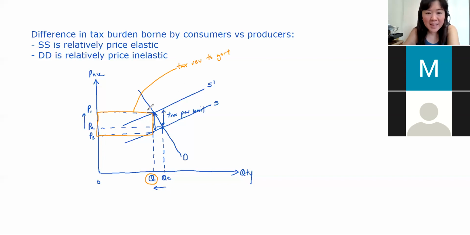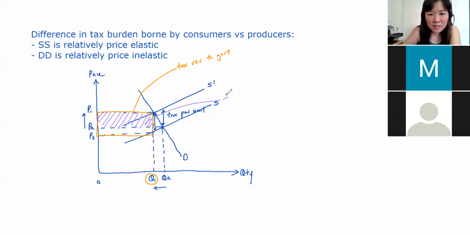But now we're looking at the tax burden to the consumers and producers respectively. And you can see that there's a difference. The increase in price is actually substantial from PE to P1.